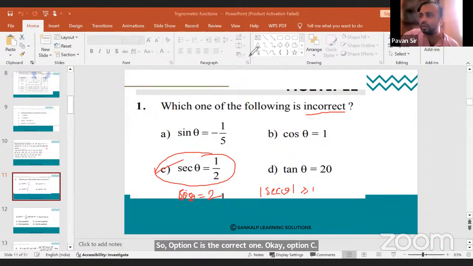Birappa, from the YouTube channel, you have given the answer D, just make it correct. Sec theta is half is not possible because sec theta is always greater than or equal to 1, not less than 1. Half is less than 1. So option C is the correct answer.